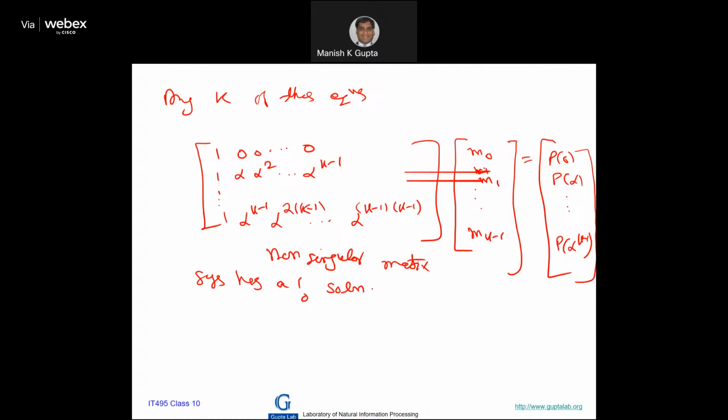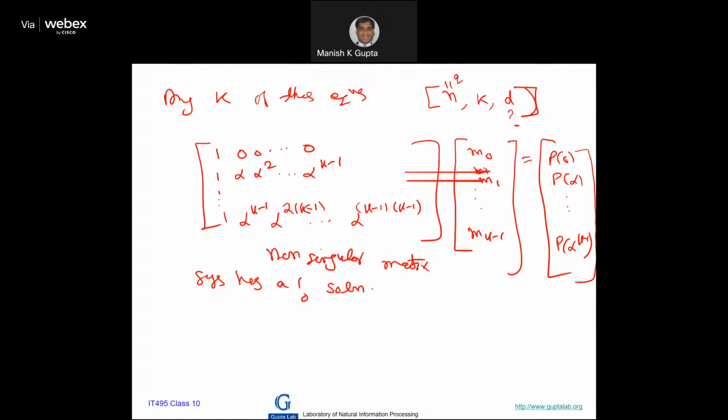Basically, I want to show you that the length of this code is q, and obviously the dimension is k. The distance we can determine for this code, the Reed-Solomon code.